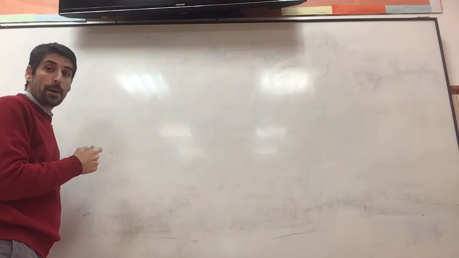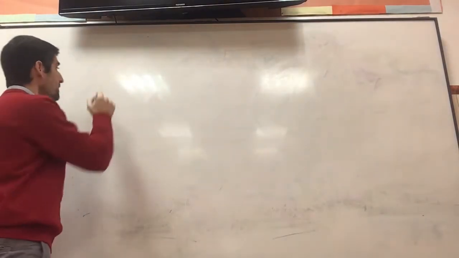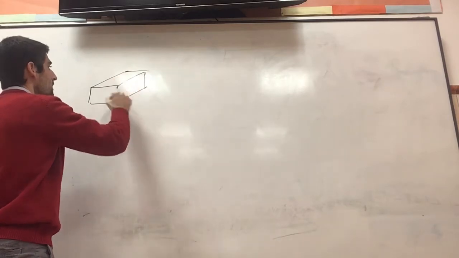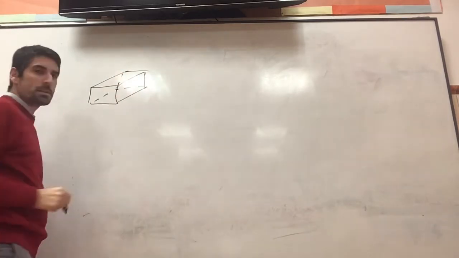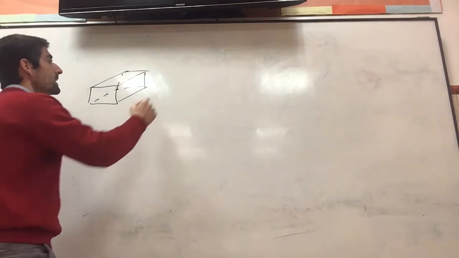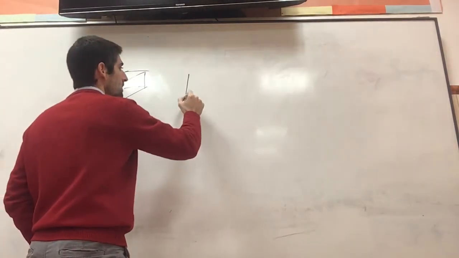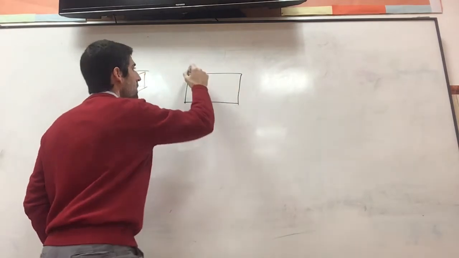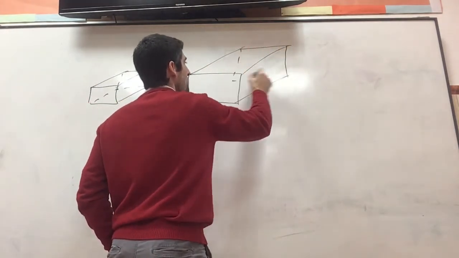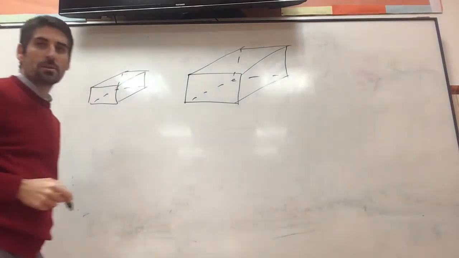So, I don't know, here is a small cuboid, and here is the enlarged cuboid.